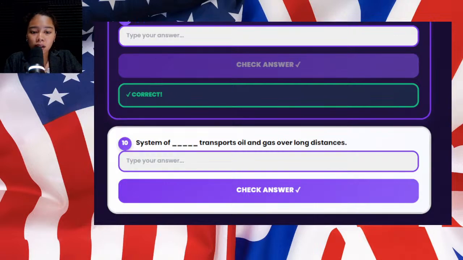Now we are on our last item for this exercise. A system of blank transports oil and gas over long distances.